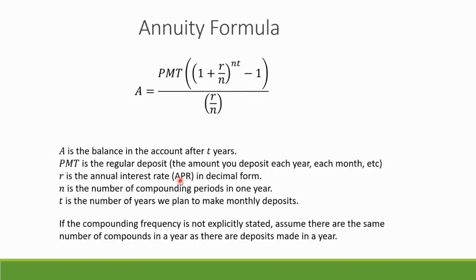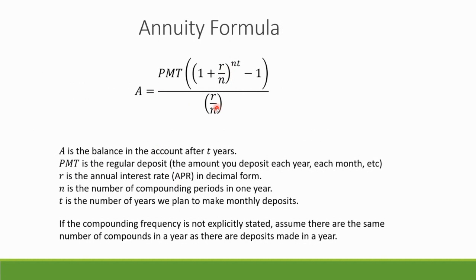And this was the formula, remember. Again, it's in the book, but this is the formula. PMT is that regular deposit. A is the balance after t years. Little r here and here, that's the APR, which is basically the interest rate in decimal form. n is how many compounding periods are done in 1 year. So if it's compounded monthly, n would be 12.